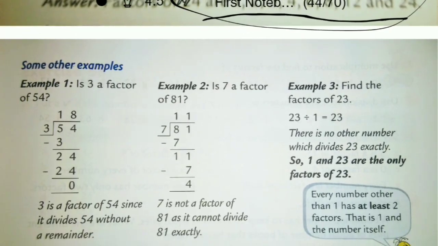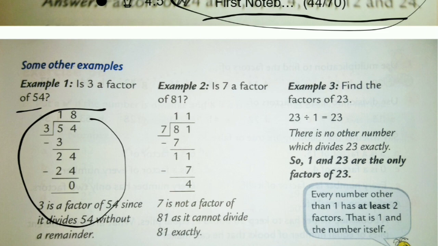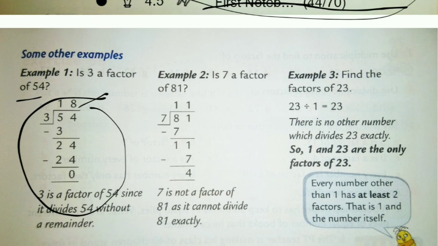See, one more example is here. Is 3 a factor of 54? We can check by division. If the number is fully divisible and there is no remainder, then yes. If the number is not completely divisible, it means a remainder will be there, so that number is not a factor of the given number. Next, find the factors of 23.